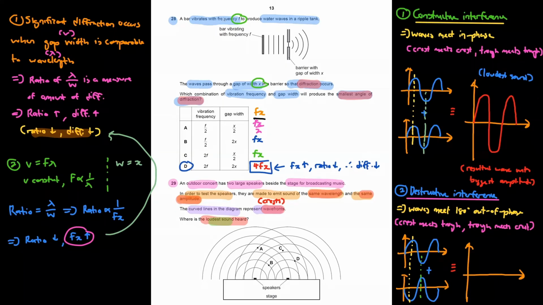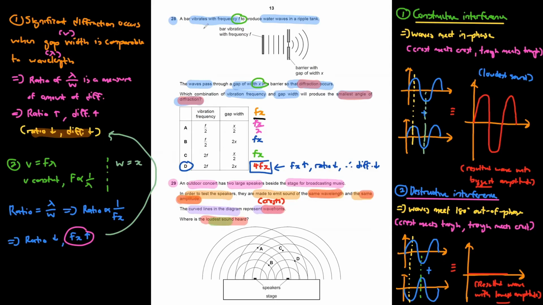Okay, so this one is going to be a resultant wave with lowest amplitude. Okay, it's the direct opposite of constructive interference. Constructive interference gives you the biggest amplitude, whereas destructive interference gives you the lowest amplitude.